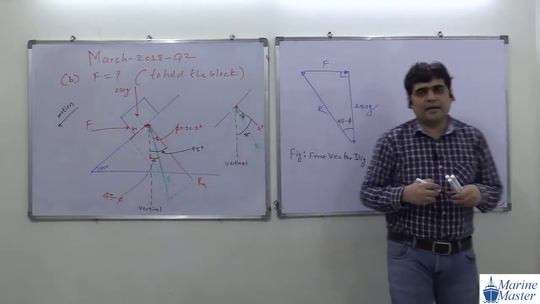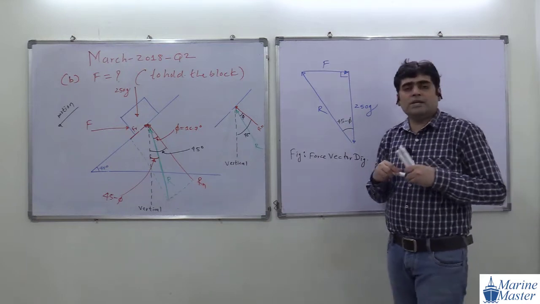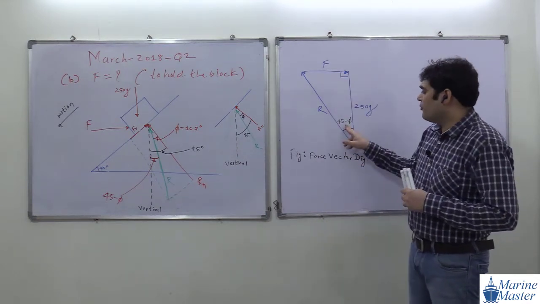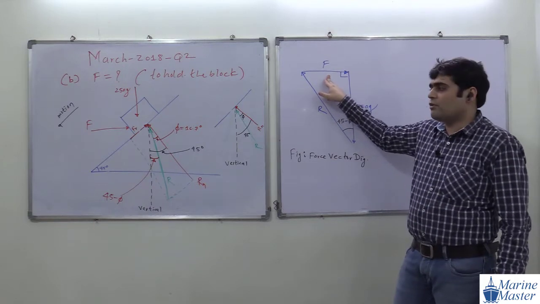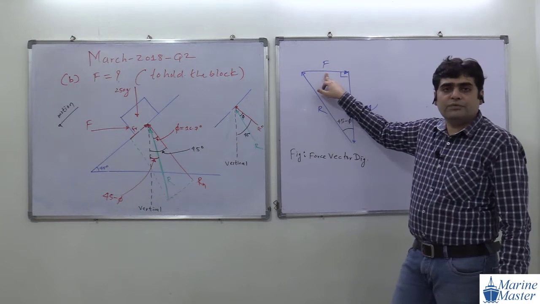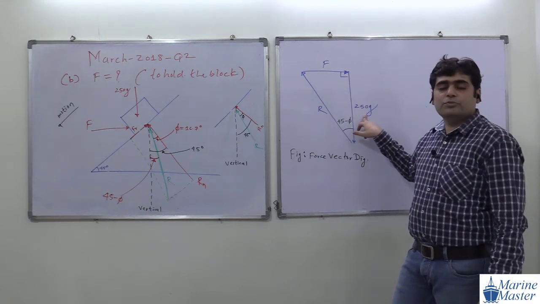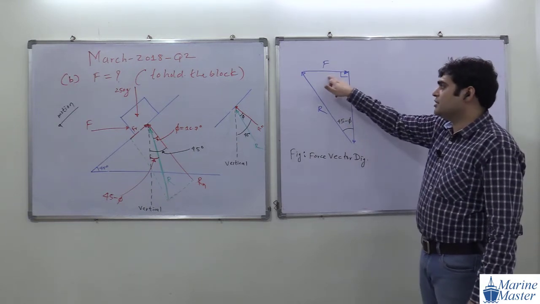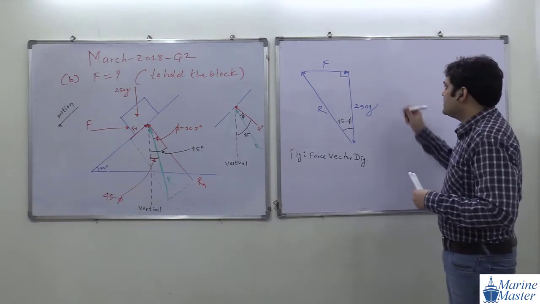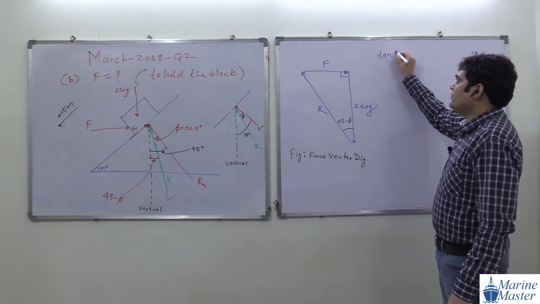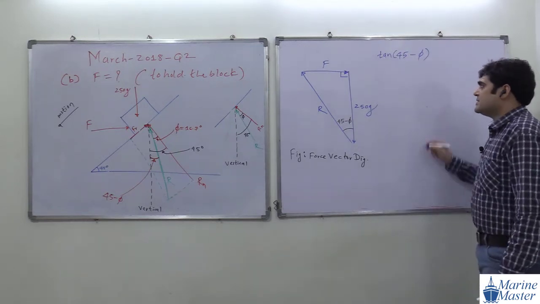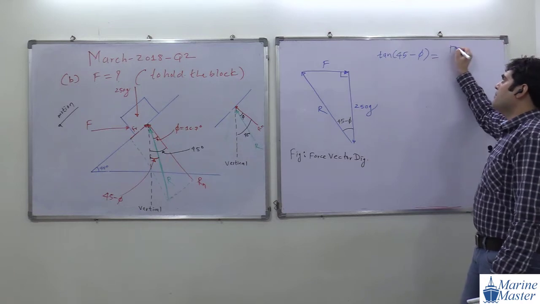This is a right angle triangle. And what do we have to find out here? We have to find out F. For the angle 45 minus phi, what is opposite? F. And what is 250 G? It is adjacent. What is the relation between opposite and adjacent? Tan. So tan of 45 minus phi will be equal to what, guys? F by what?